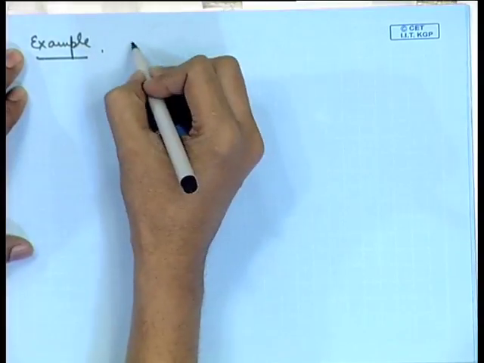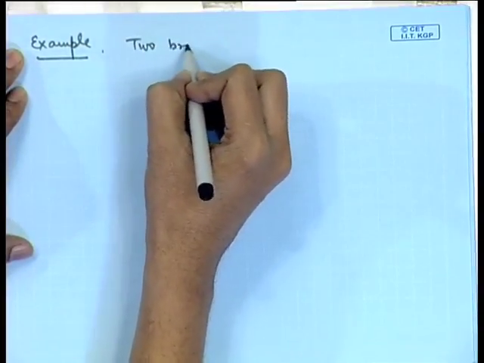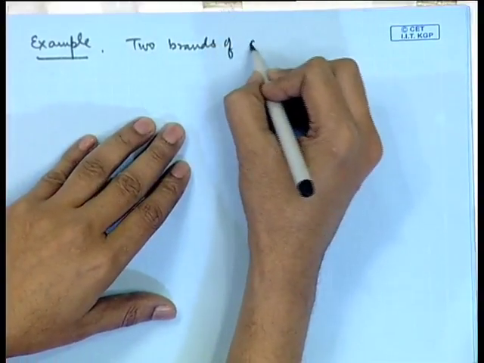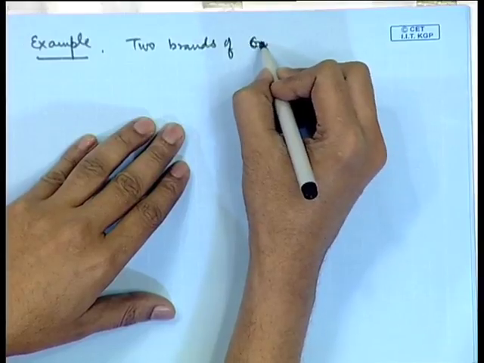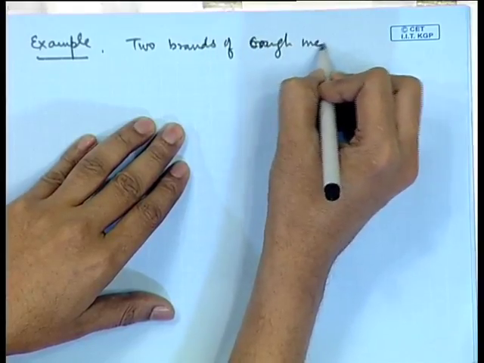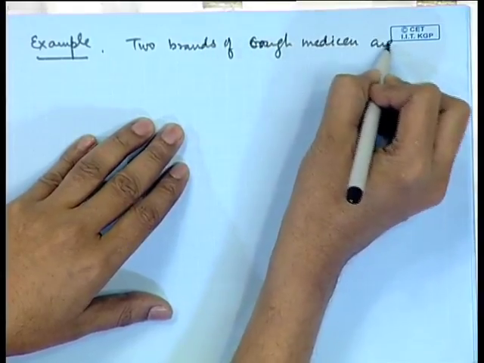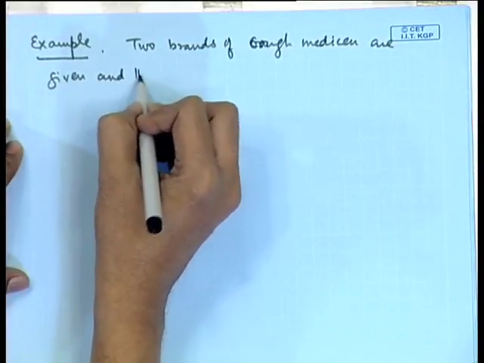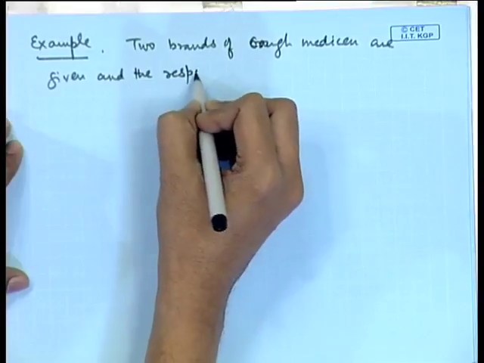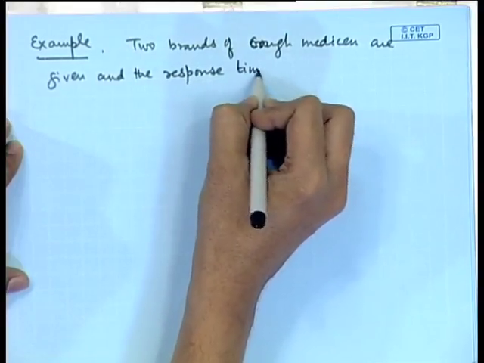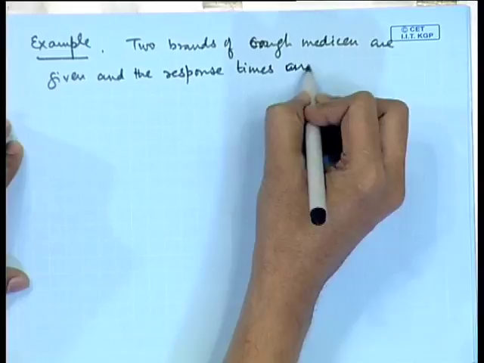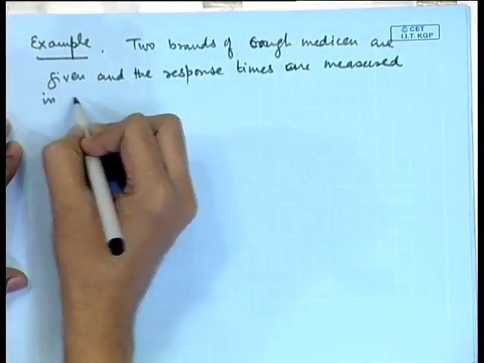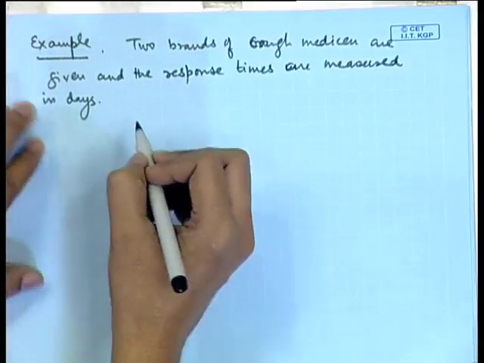So, two brands of say cough medicine are given and the response times are measured in days. Okay.